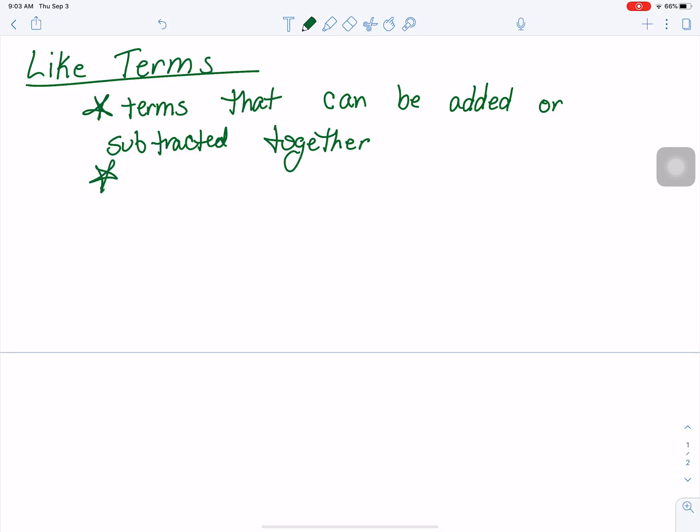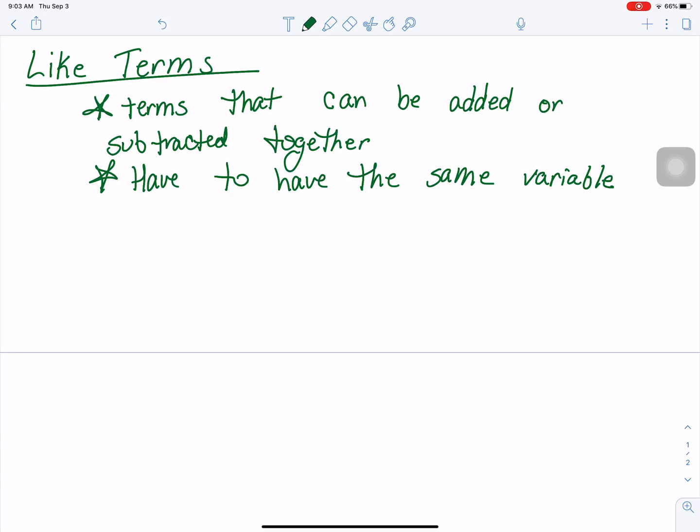They have to have the same variable. And we'll go through some examples in just a little bit. And the variables need to be the same exponent.